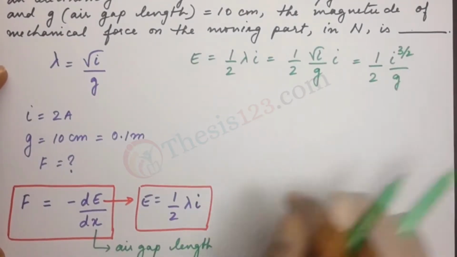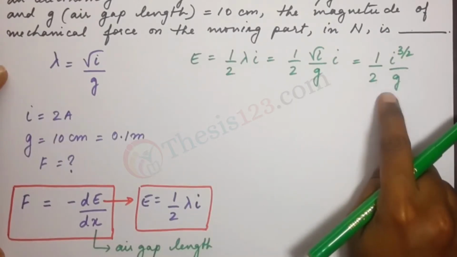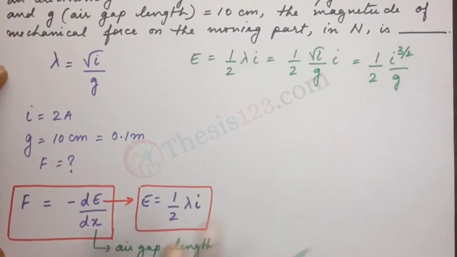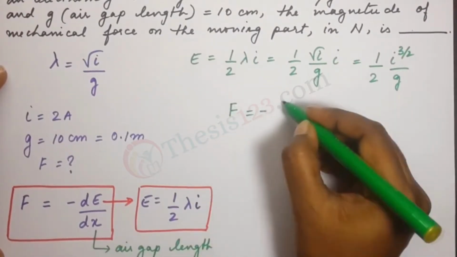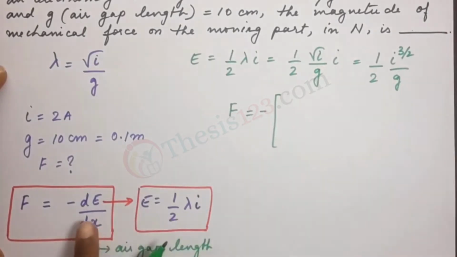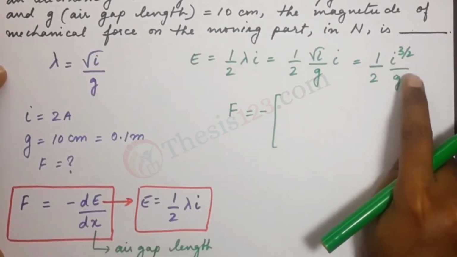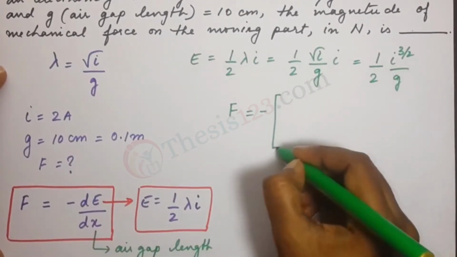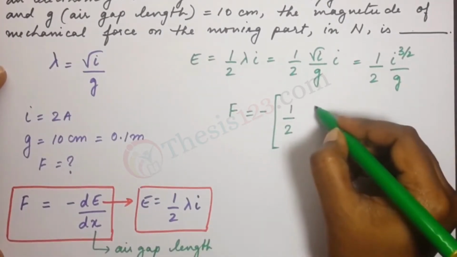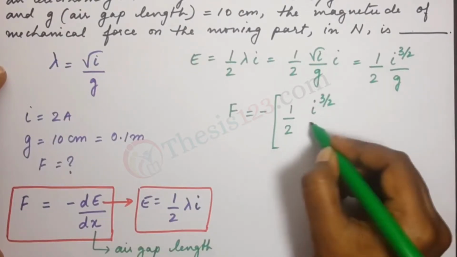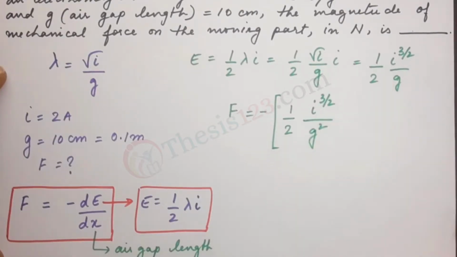Okay. Next, now that we have the expression for E, let's substitute that in here and see what we get. So we have F is equal to minus of dE by dx. So we are differentiating this. Okay. So that's 1 by 2 into I to the power 3 by 2 divided by g square.